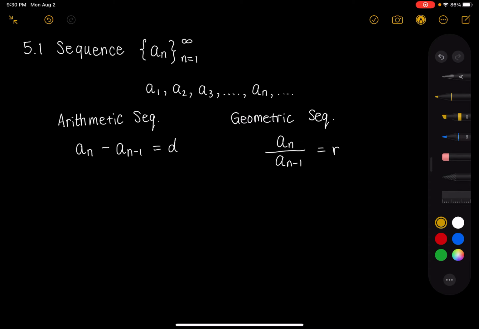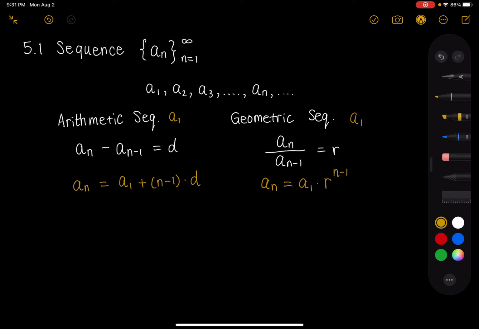Assuming it starts at a_1, the formula for a_n for an arithmetic sequence is a_1 plus n minus 1 times d. And for a geometric sequence, also starting with a_1, a_n equals a_1 times r to the n minus 1 power.